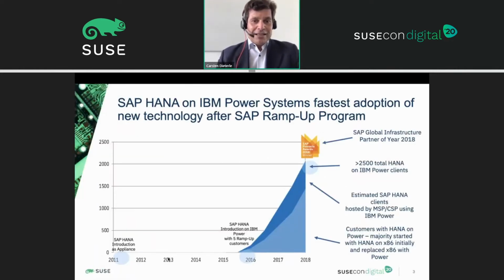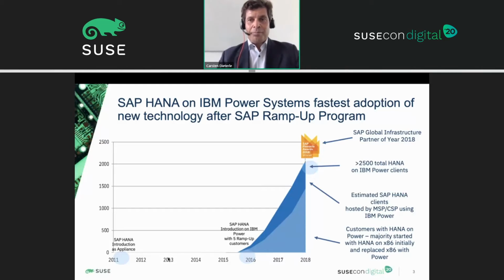So HANA on Power came to the market in the August, September timeframe of 2015. I would say not very late, but much later than it was introduced as an appliance in 2011. But as you can see here in the slide, we gained a lot of market share in 3-4 years.